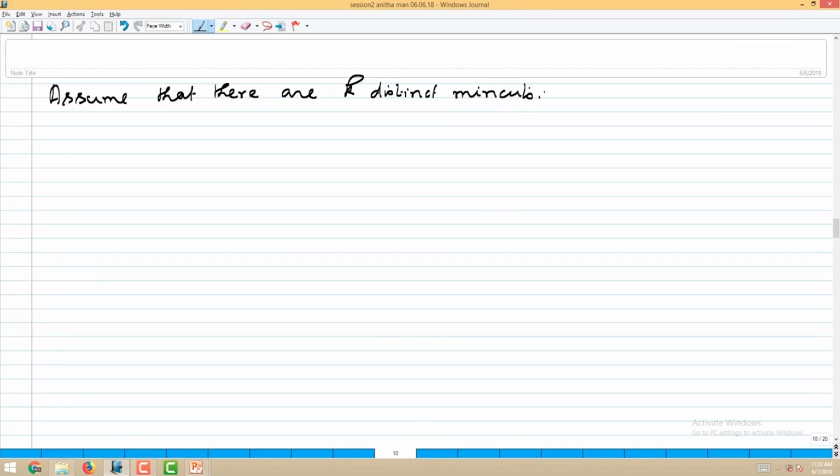Now you know that using the probability analysis, probability of getting a min cut is greater than or equal to 2 by n into n minus 1, which you can write as 1 by n choose 2, okay.